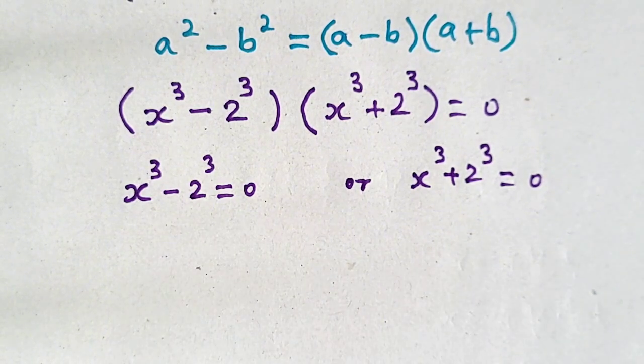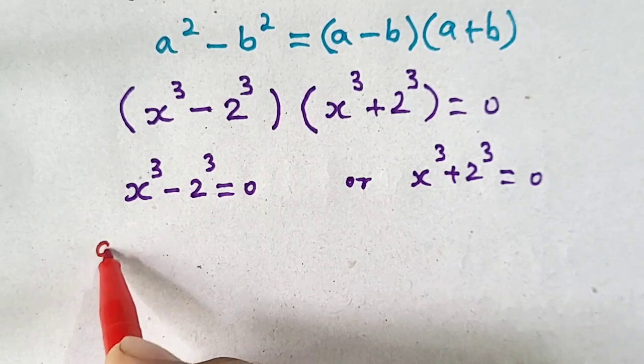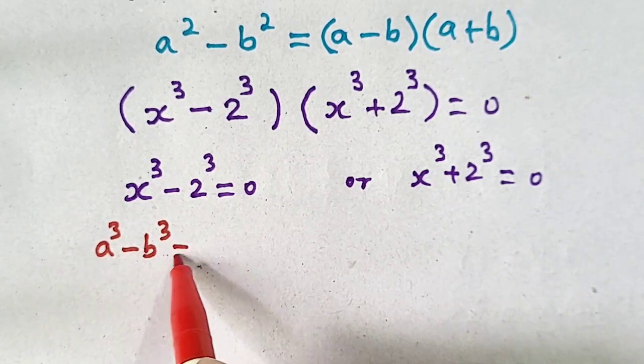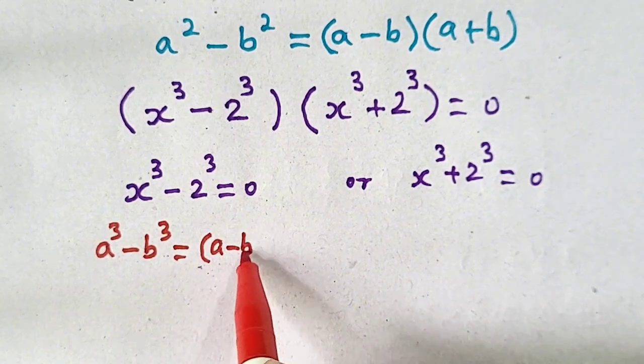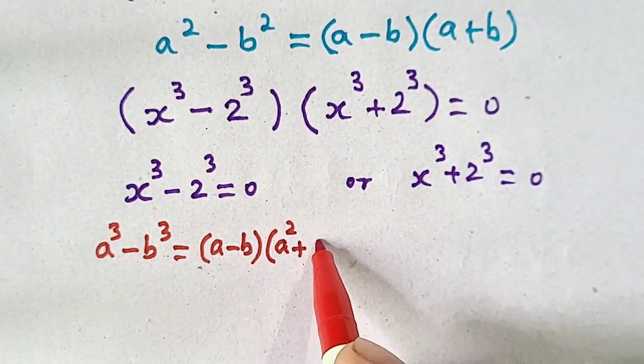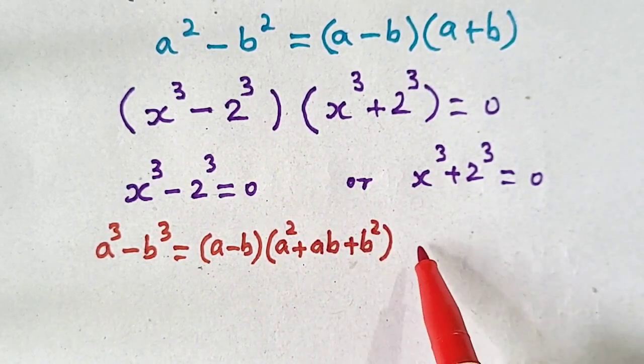Here again we will apply a formula. a cubed minus b cubed is equal to (a minus b) times (a squared plus ab plus b squared).